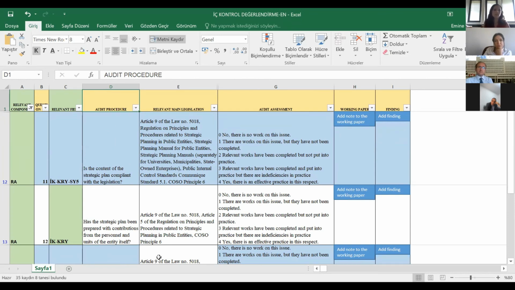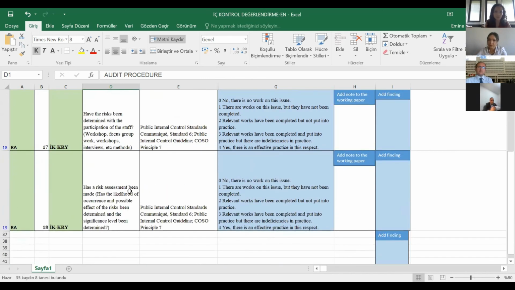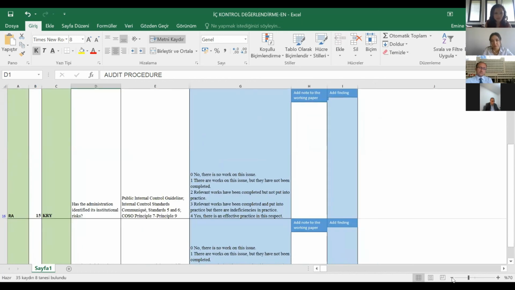And let's look at the other one. Is the organization's budget associated with its performance objectives and activities? I think my colleague Farhat gave the information about this one. Let's look at the other one. Has the administration identified its institutional risks?